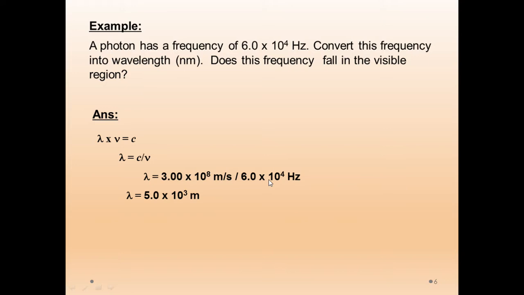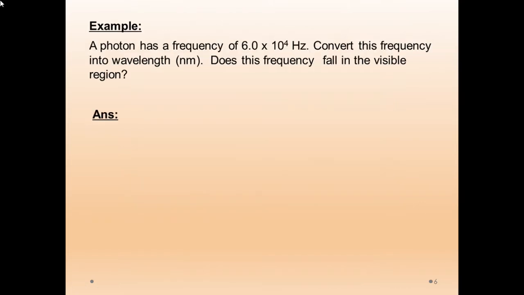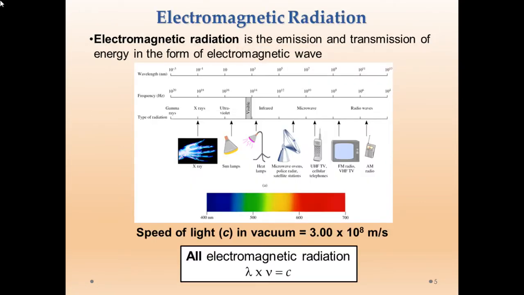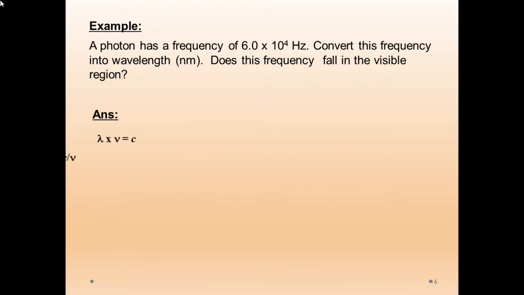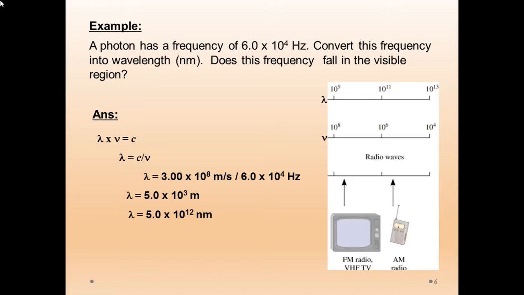We calculate this in nanometers. You might wonder why we need to convert into nanometers: because if we go back to this region, you will notice the wavelengths here are in nanometers. That's why we convert it to the nanometer scale. Here we calculated 5.0 times 10 to the power of 12 nanometers.